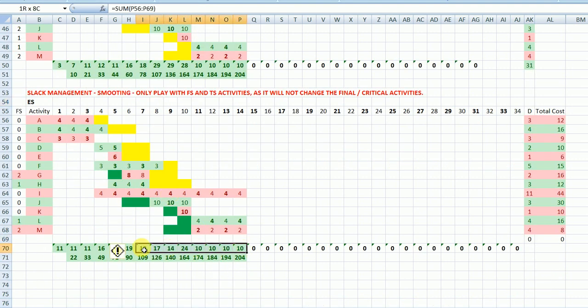See, 24 is because of this. If I move 10, no, it's not going to help me, because of these 2 10s. I can't move. Can I move this back? One minute, let's see. No, it's causing 29. No, let it be that way.